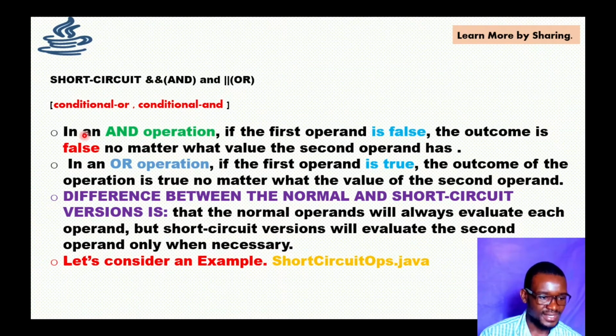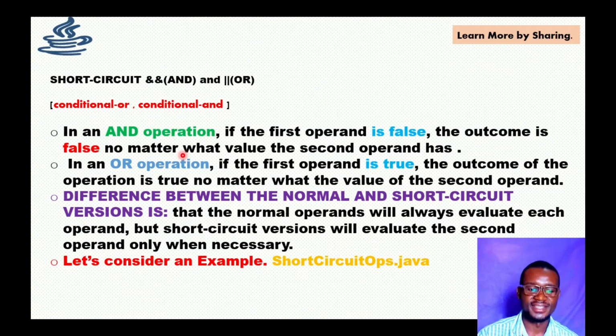So in an AND operation, the conditional AND, which is the short circuit AND, if the first operand is false, the outcome is false, no matter what the value of the second operand is.